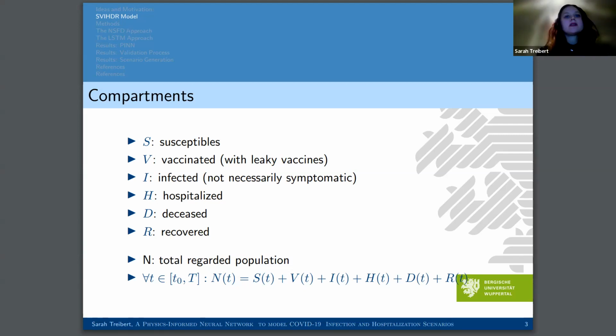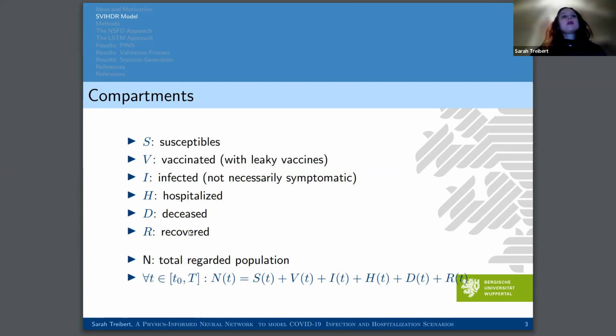The total regarded population is abbreviated by the letter N, and usually in compartment models, this number is also constant. It does not have to be the case, but it's often the case.